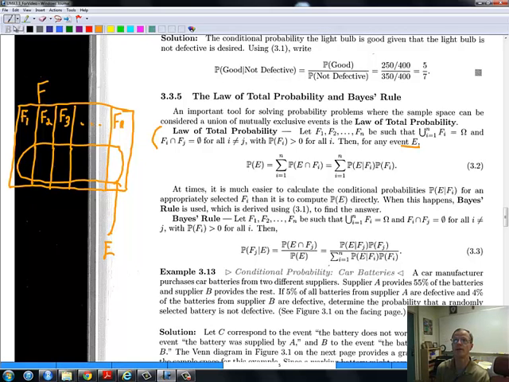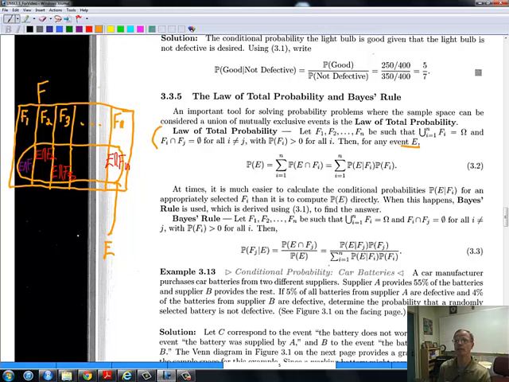Let's go finer. This here is E intersect F1. This one, we switch colors there, is E intersect F2. E intersect F3. E intersect Fn. I've got all these intersections now.